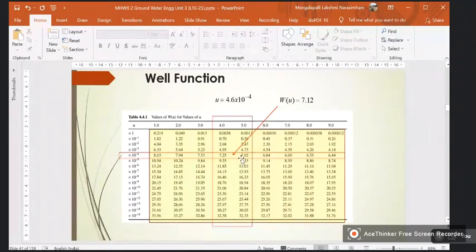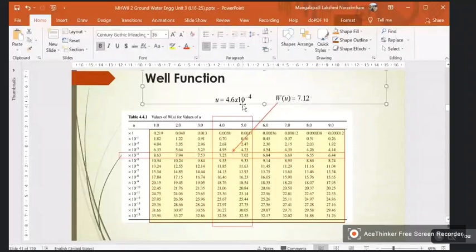So, what we have to do? We have to interpolate between these two values. So, that interpolation has resulted this value of W(u) for this value of u. Okay.